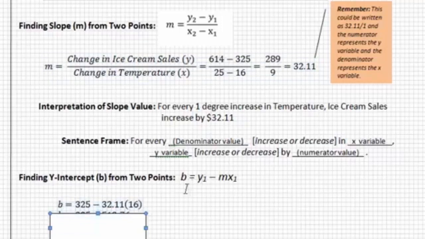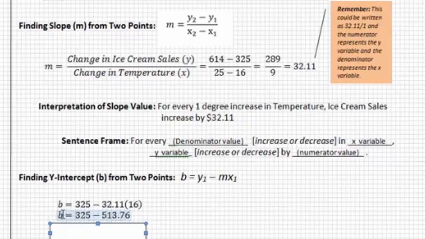So I just am substituting the values into this equation from the values in this problem. And now I'm following order of operations. We do multiplication first, so I did 32.11 times 16, which is $513.76. So I just filled that in.